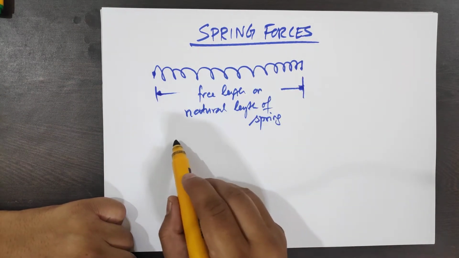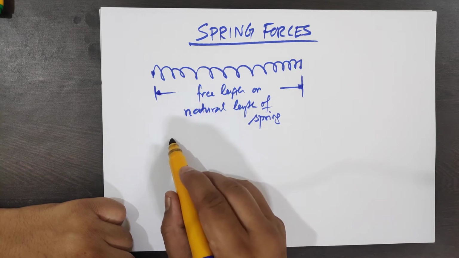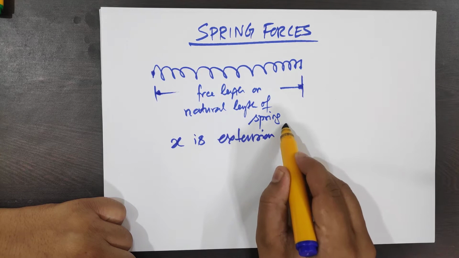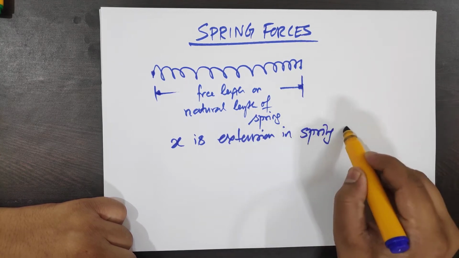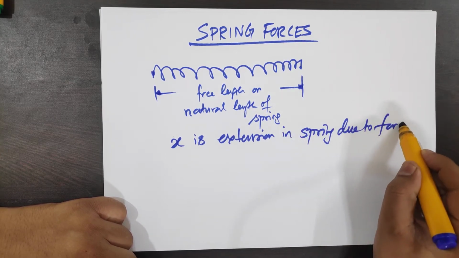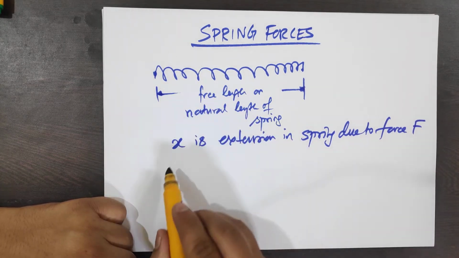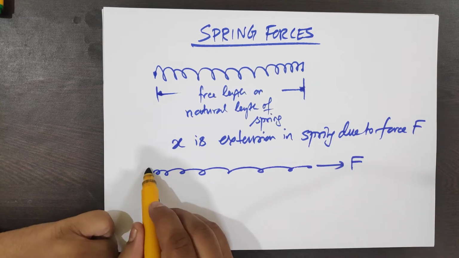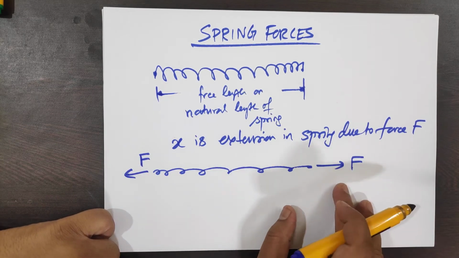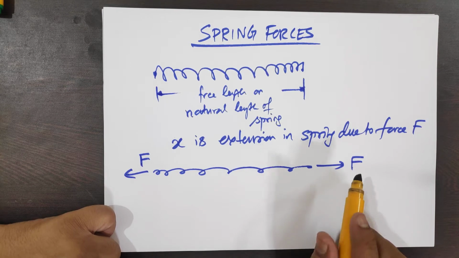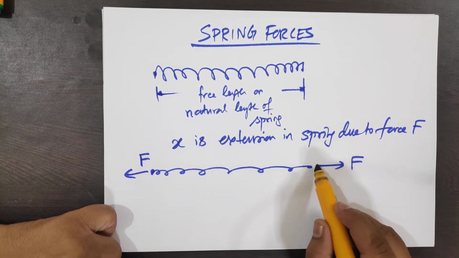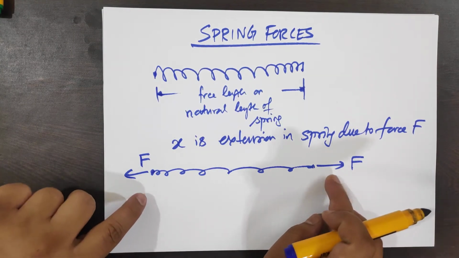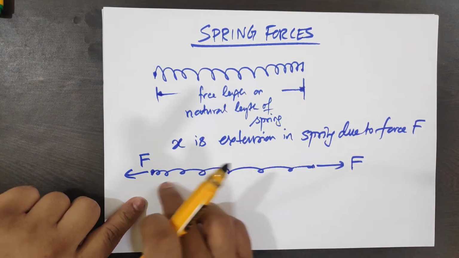Now suppose x is the extension in the spring due to force F. Generally the mass of the spring is negligible, so there has to be force F from both ends. If there is force in one direction only, the spring will run away. The spring is at rest and it's stretched, so this force has to be in both directions.